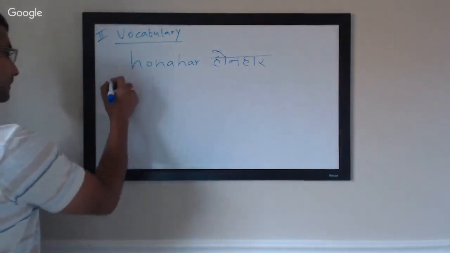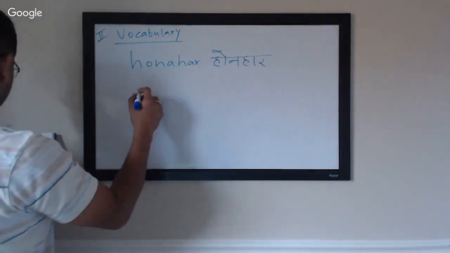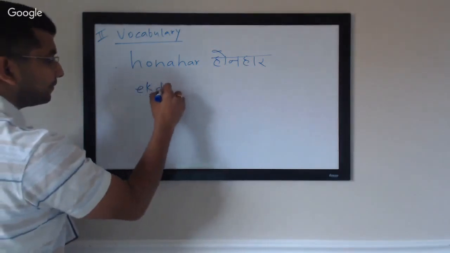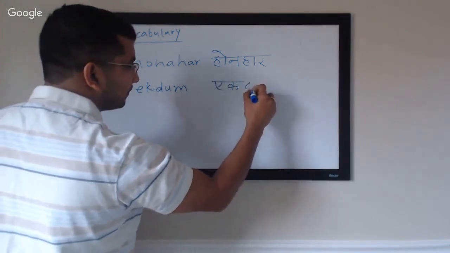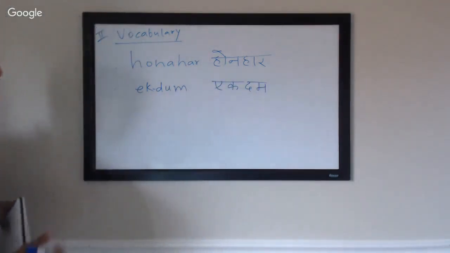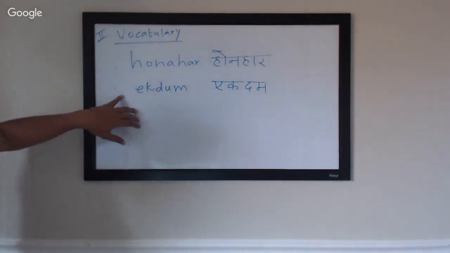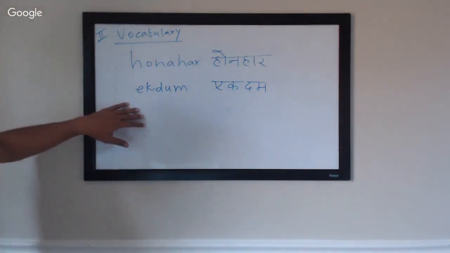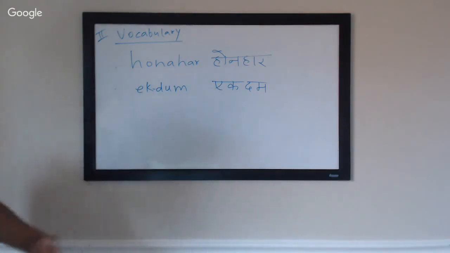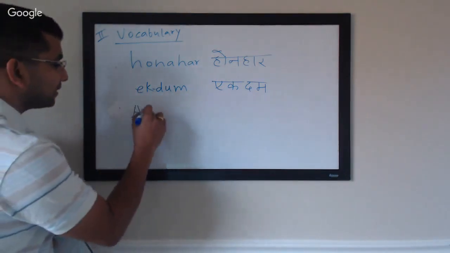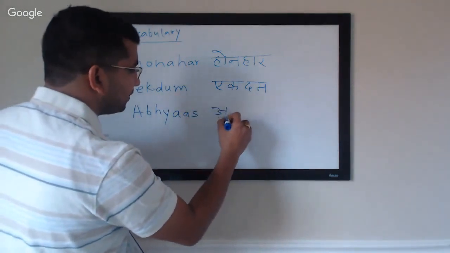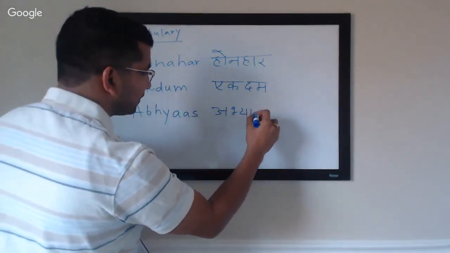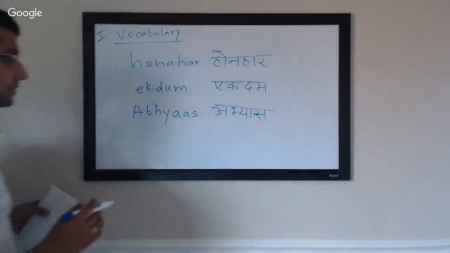The second one is ekdam. You've probably heard Hindi speakers saying ekdam sahi or ekdam badhiya, right? So think about what it could mean. Third one I have is abhyas. It's a half bh, abhyas.